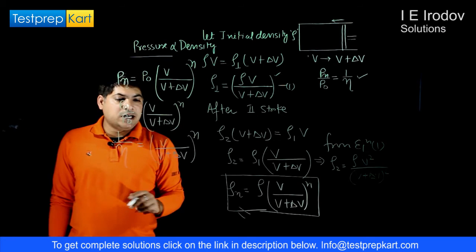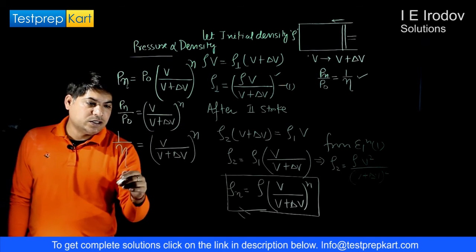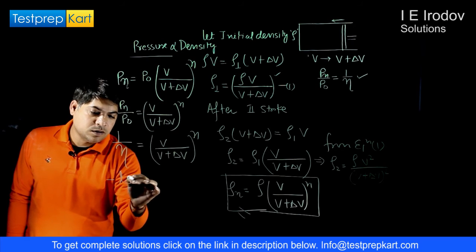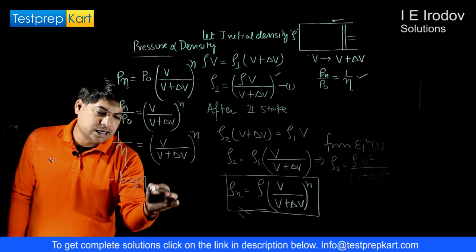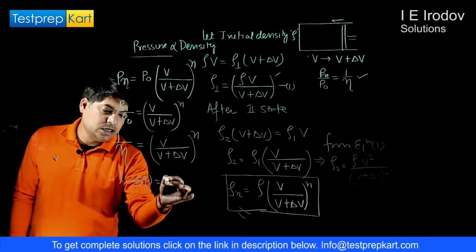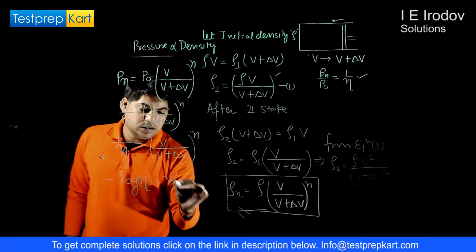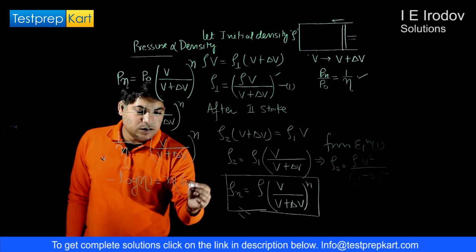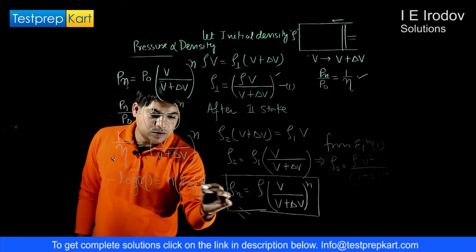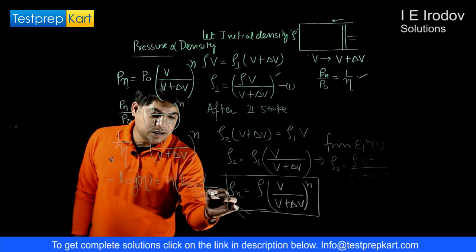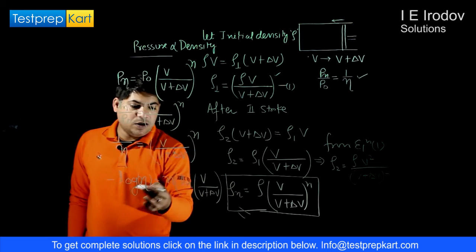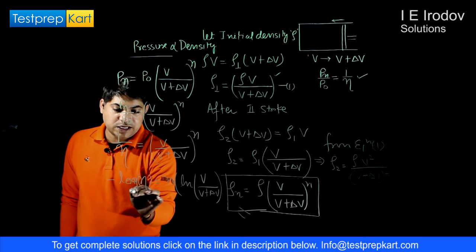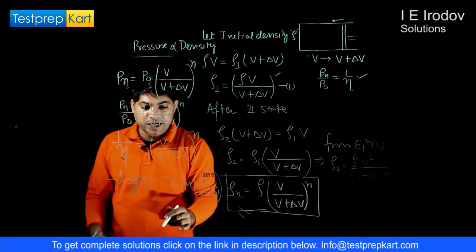Now we have to calculate this n, so we can take the logarithm on both sides. So minus ln eta is equal to n times ln V over V plus delta V. We must write ln on both sides, so there must be uniformity.